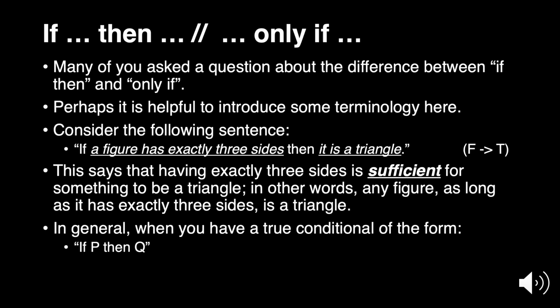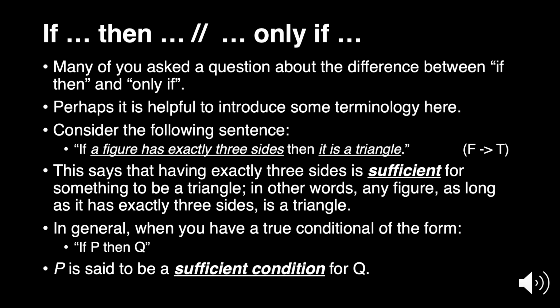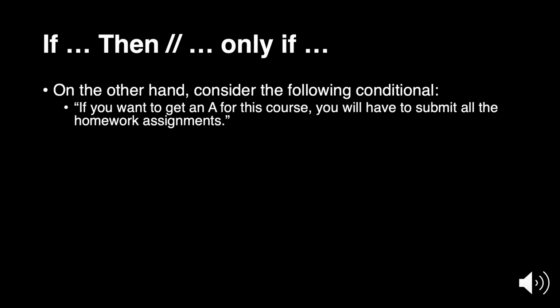So, in general, when you have a true conditional of the form, if P then Q, P is said to be a sufficient condition for Q. Okay. Now, compare that to this sentence. If you want to get an A for this course, you'll have to submit all the homework assignments.